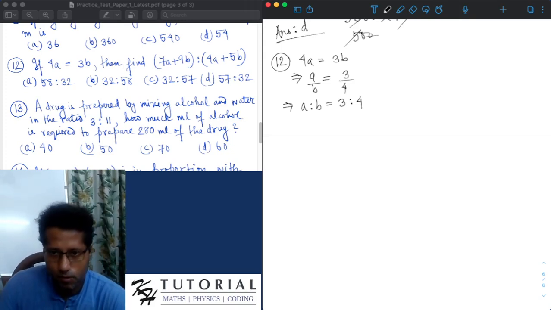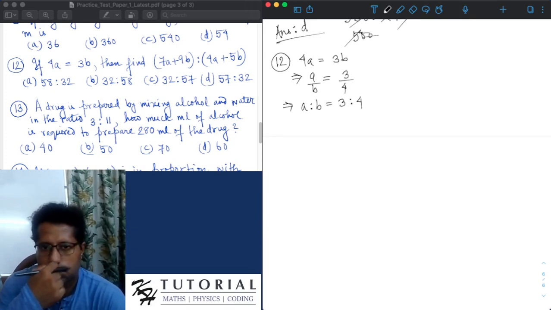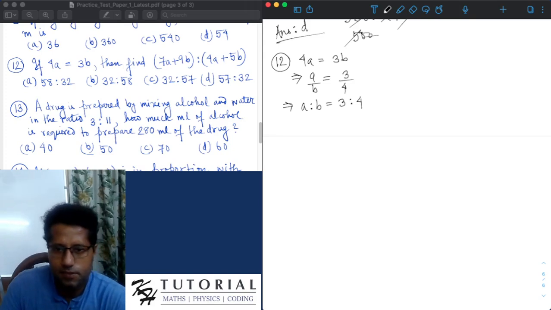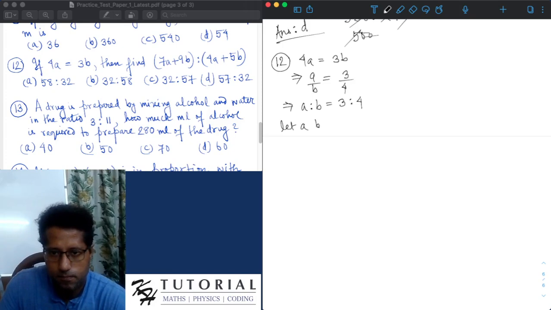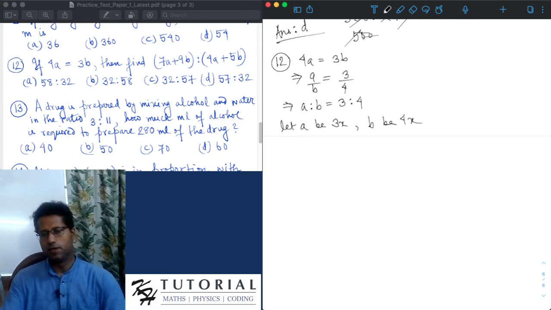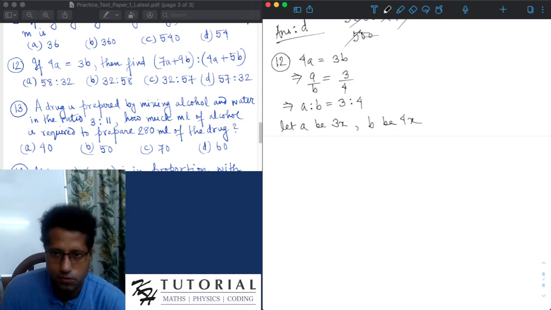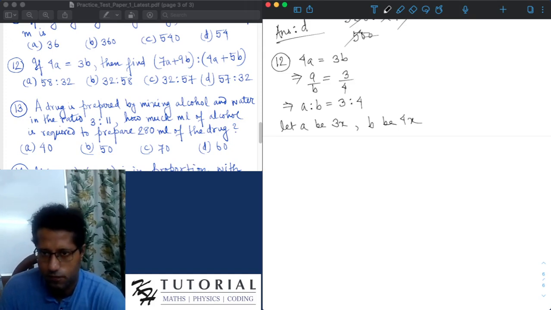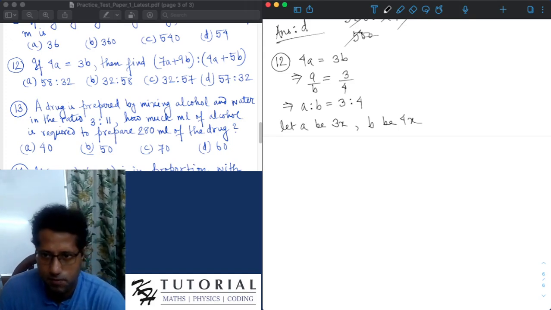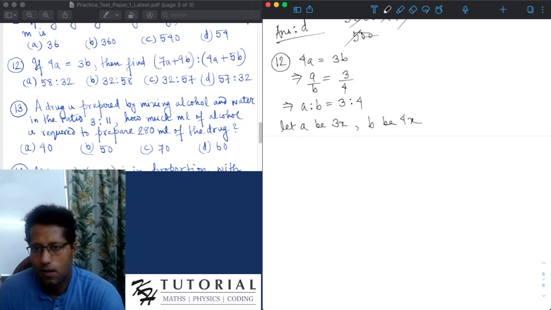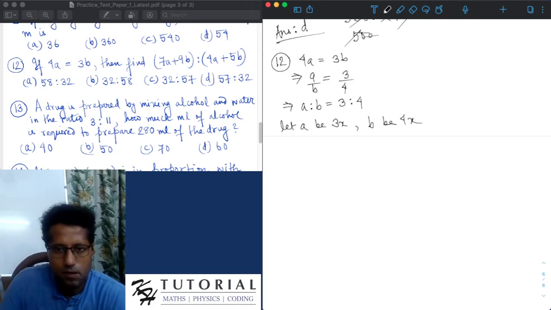Now to solve this kind of problems, from here we can say that let a be 3x and b be 4x using their ratio. We know that a is to b equals 3 is to 4. From here we can always assume that let a be 3x and b be 4x, and now we can find the ratio.